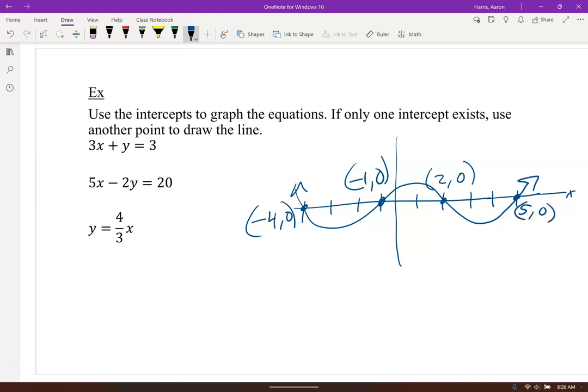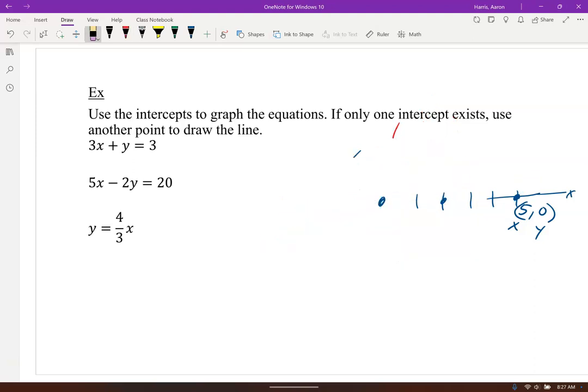What do all these points that cross the x-axis have in common? When you're finding x-intercepts, the y values are always 0, whereas when you find the y-intercept, here's the y-intercept right here in red, it crosses the y-axis, and the x value is 0. That information is what we're going to use for lines as well.